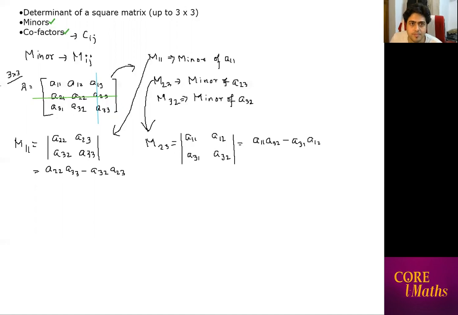Now, for example, take one more minor value, M32. Let's erase these colors. So M32, that is the determinant value of this M32.